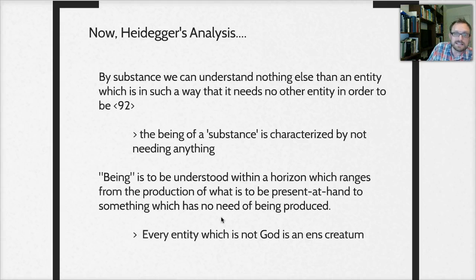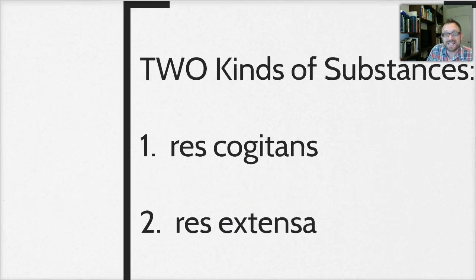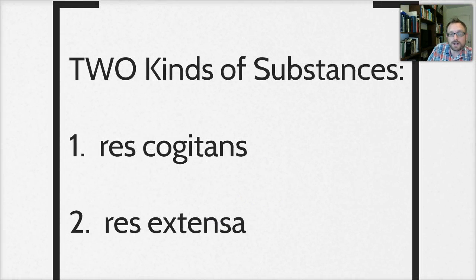Everything else needs God because everything else is a result of God's creation. And remember, because of the role that God plays in Descartes' argument, this is going to create a little bit of instability at the end of the day. But Descartes' not too worried about it, but you'll see Heidegger sort of exposing it.